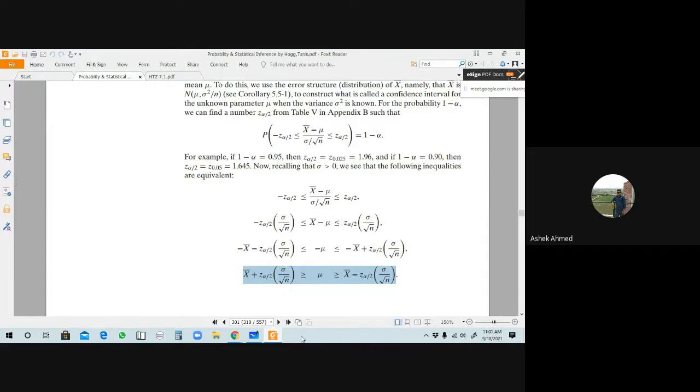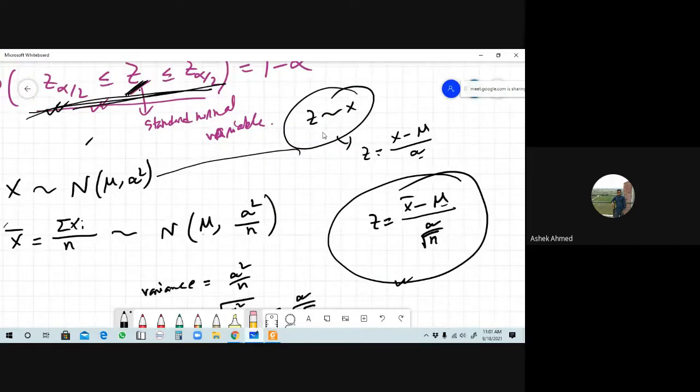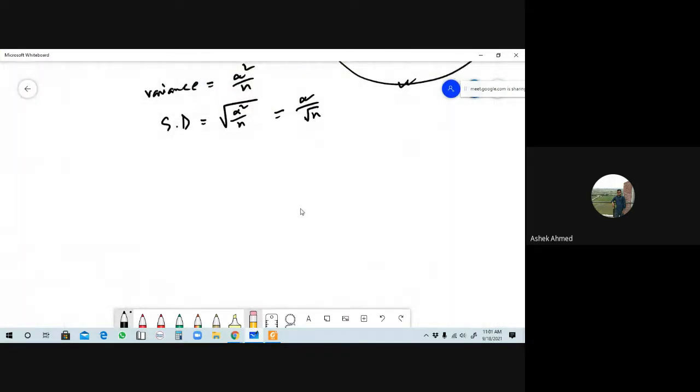So here in that case this is the greater than form, it's less than. So minimum value is equal to x bar minus z suffix alpha by 2 into sigma by root over n here. So from here we can say that the inequality will be here কত হবে? x bar minus z suffix alpha by 2 into sigma by root over n.